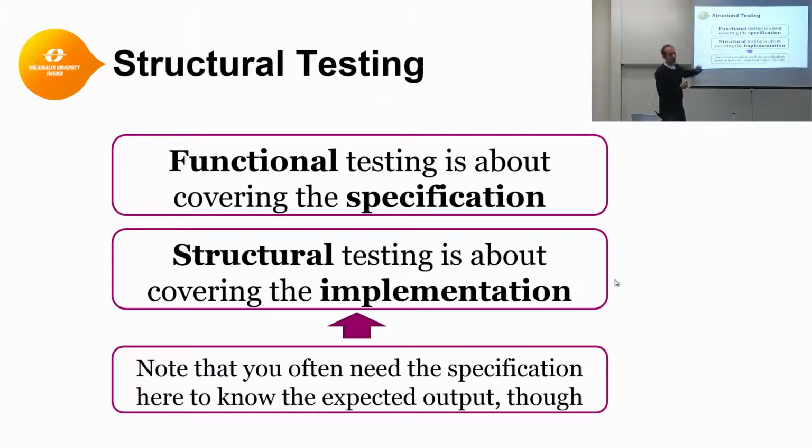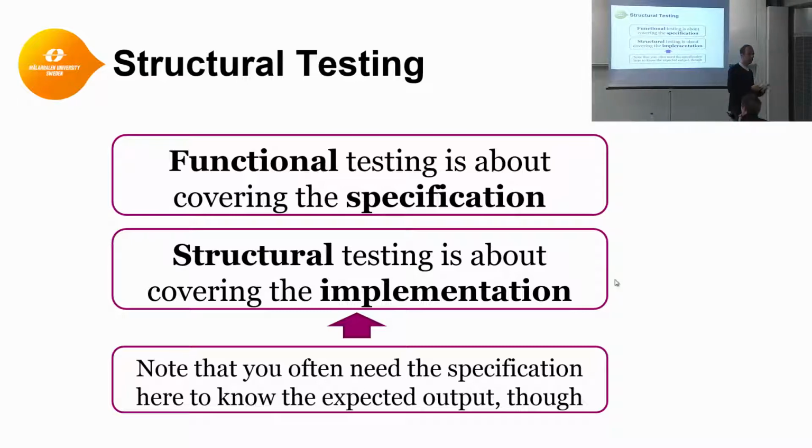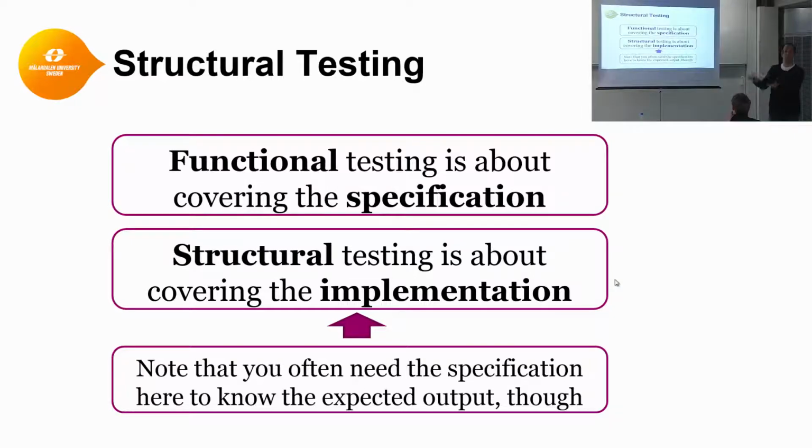Whereas if you start from the implementation and try to derive test cases, you can reason about which inputs would be reasonable to test. We can talk about test specifications based on what the implementation looks like. But in order to know anything about how the software should behave, you still have to go back to the expected behavior or the specification of the software, right?